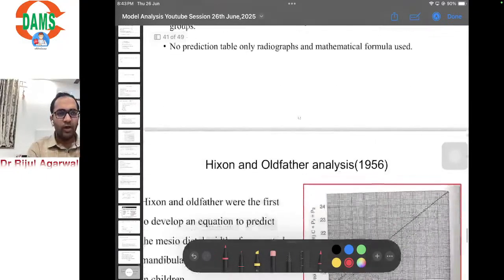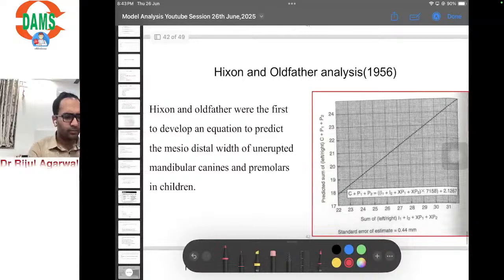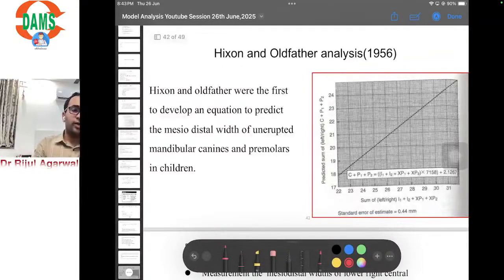Okay, moving ahead. Hickson and Oldfather analysis. This is the third category which utilizes both radiographs and a proportionality table. Again it starts with the sum of lower incisors, but here there is a catch.